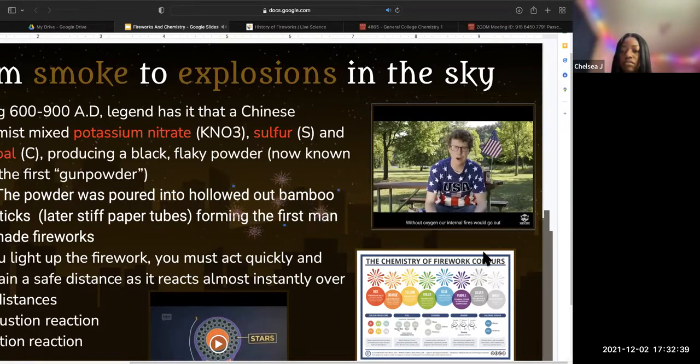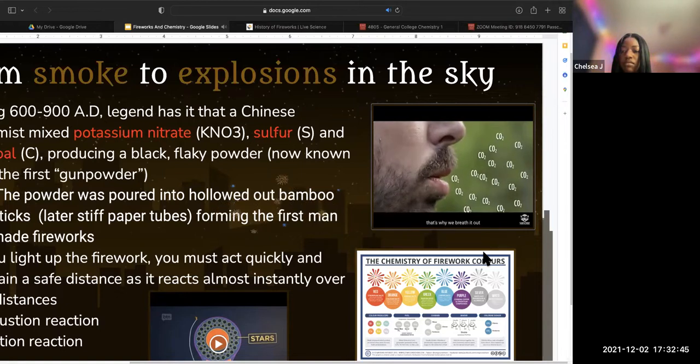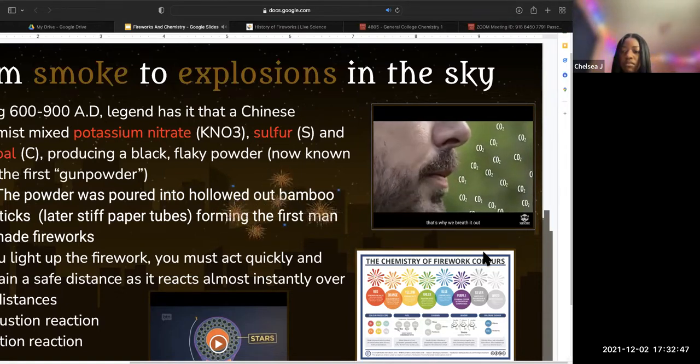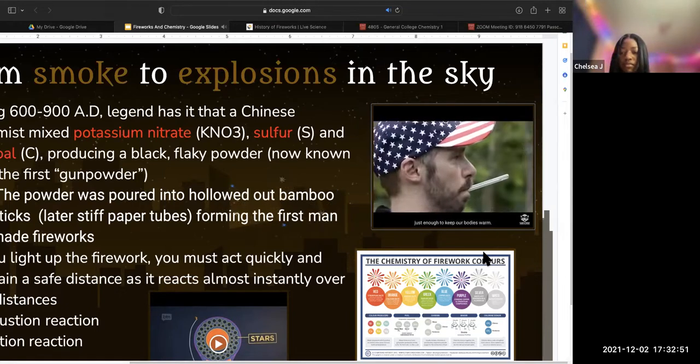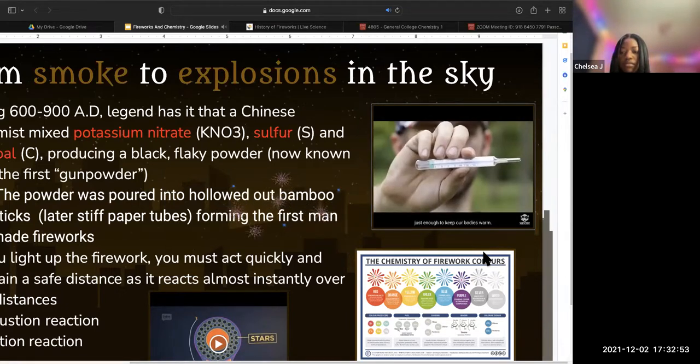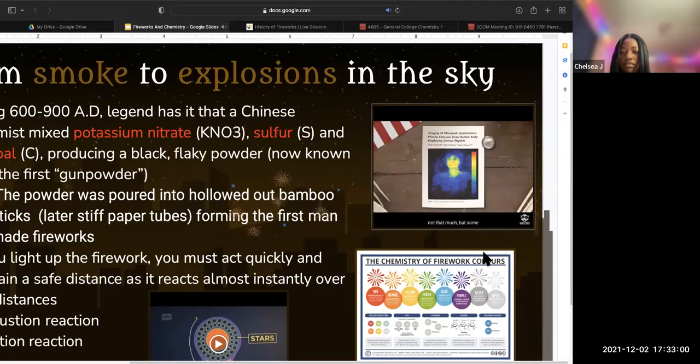Without oxygen, our internal fires would go out. Just like in a firework, this process produces carbon dioxide, which is why we breathe it out. Just like in a firework, that process creates heat, just enough to keep our bodies warm. And just like in a firework, this process, believe it or not, creates light. Not that much, but some.